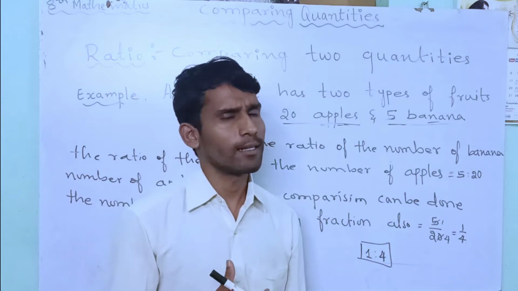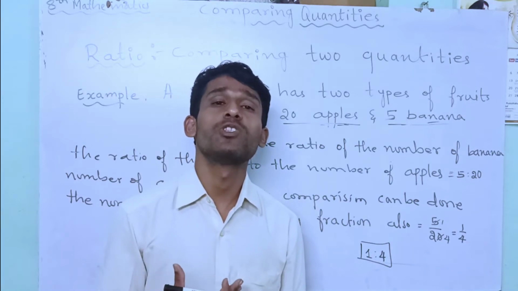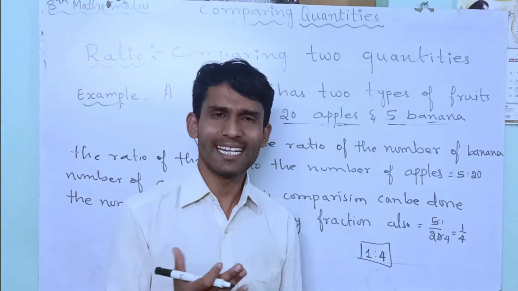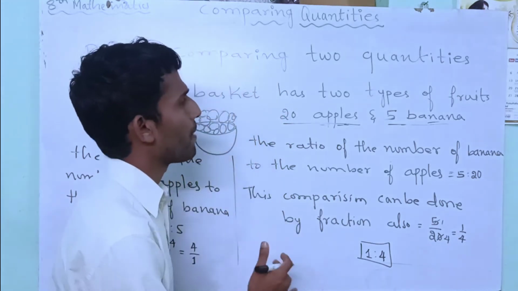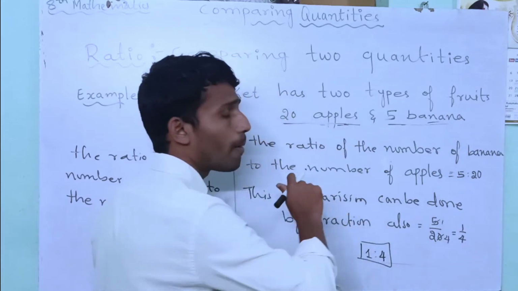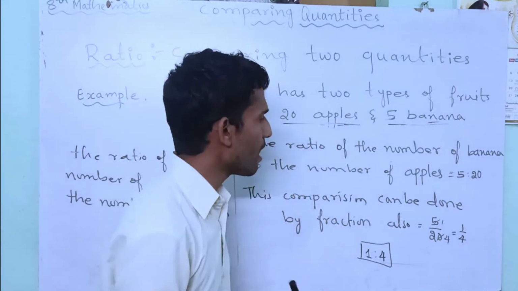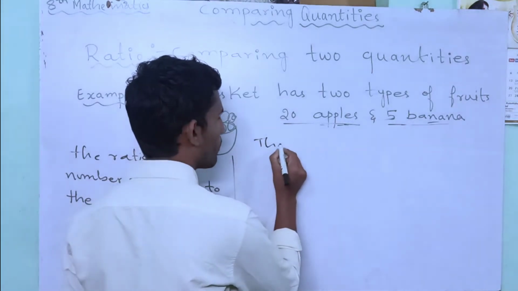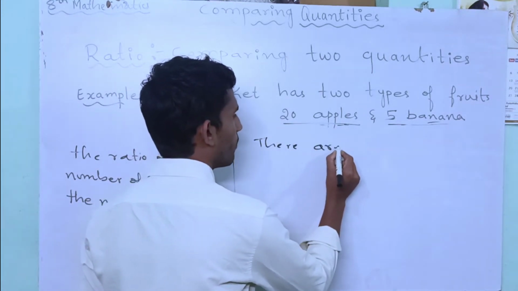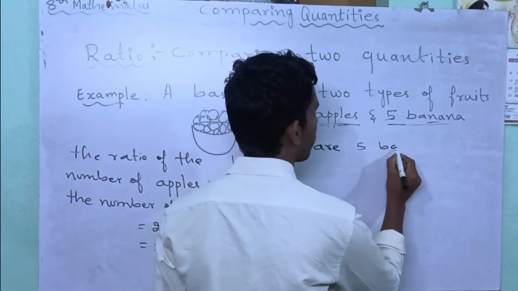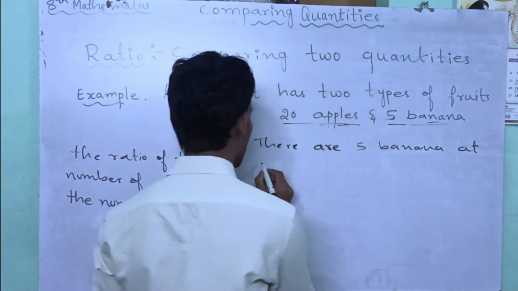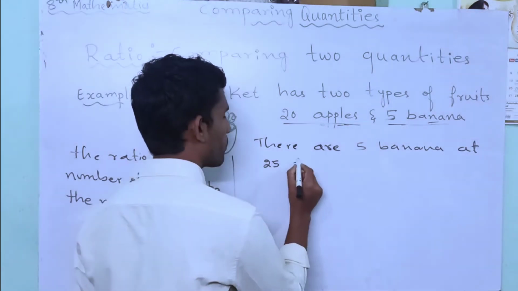How can we compare by using percentages? Let us see how we can compare these 5 bananas by using percentage. See, there are 5 bananas out of 25 fruits.